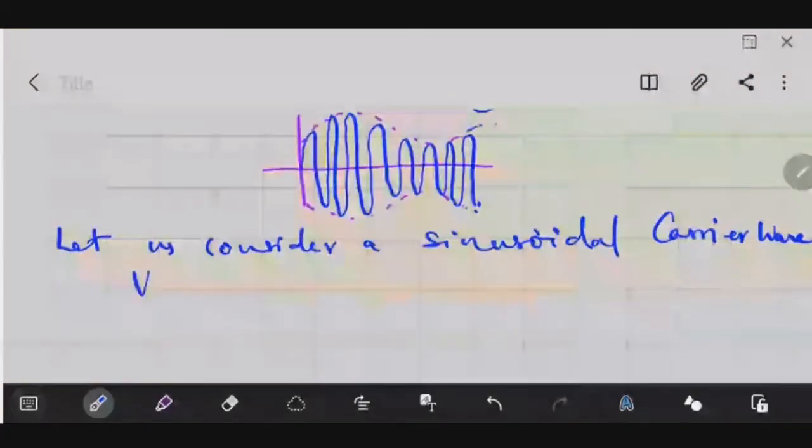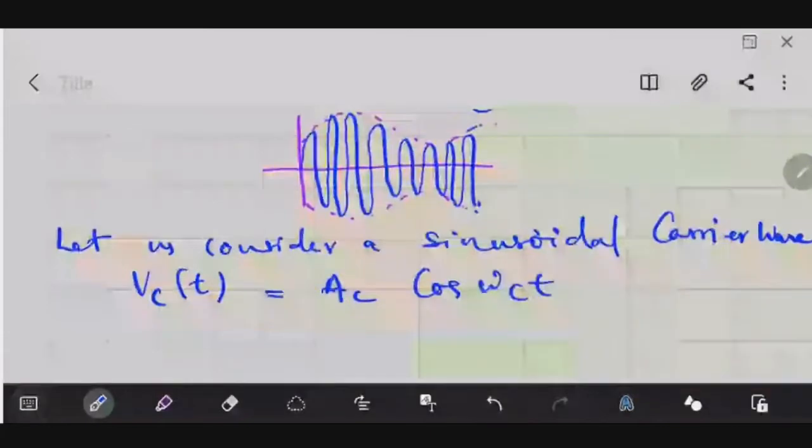That sinusoidal carrier wave is represented as Vc(t) = Ac cos(ωc t). So this is basically the carrier.